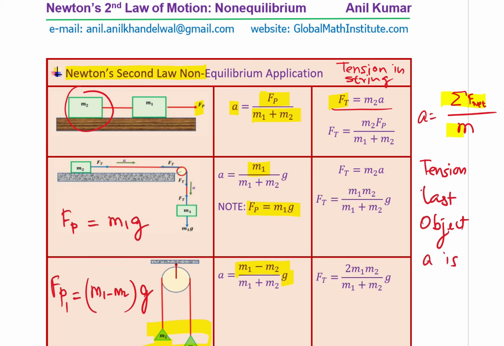A is constant. So just multiply the two to get the tension, m2a, and we know a from here, right? So use a, which we have already figured out is this. And you have your formula. Do you get the idea, right? So that is how you get your formula for tension in all the three cases. Here the last mass is m2, and so it is m2a. Just substitute the value and get your answer, right?